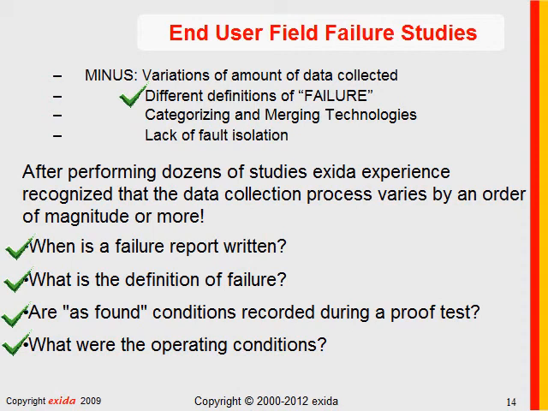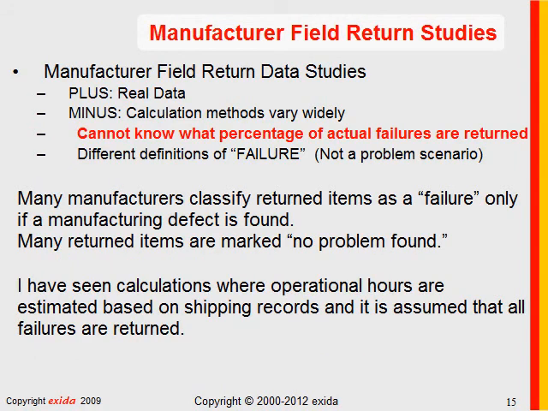It's very important to understand all this when evaluating field failure calculations done in the field. And the reason, there are wide variations in how people interpret and define failures. But that's okay. There's still a lot of useful data there.